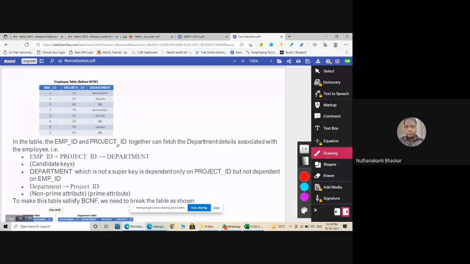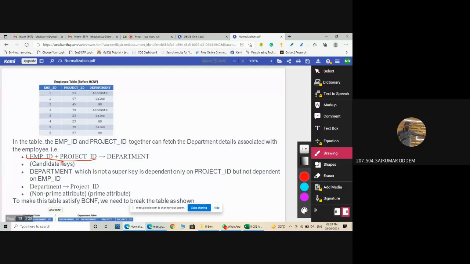So we need to go with two attributes so that we can define the department. Employee ID is one, project ID is 23, then accounts. Employee ID is one, project ID is 67, sales. Like that, we need to take two attributes, then it will define another attribute. Understand this, all of you?